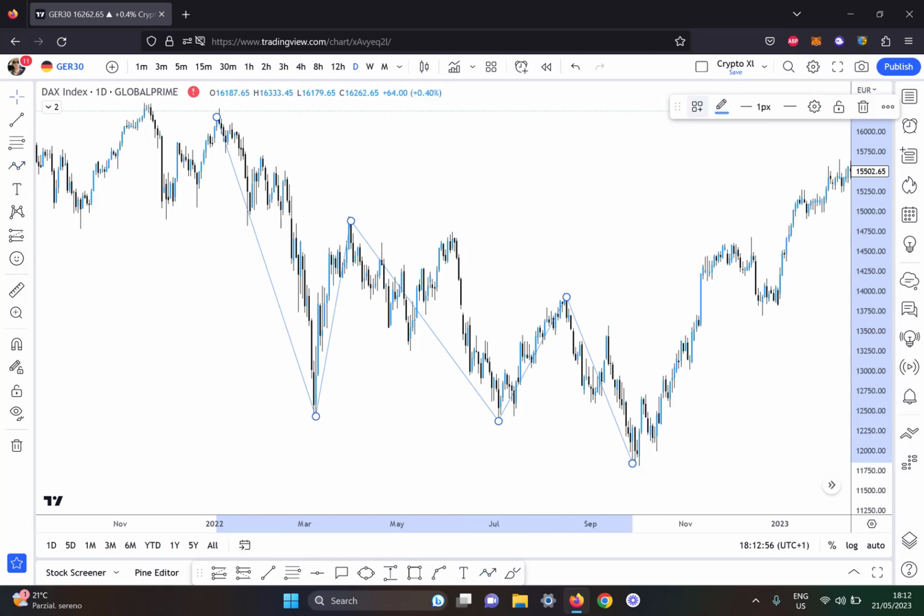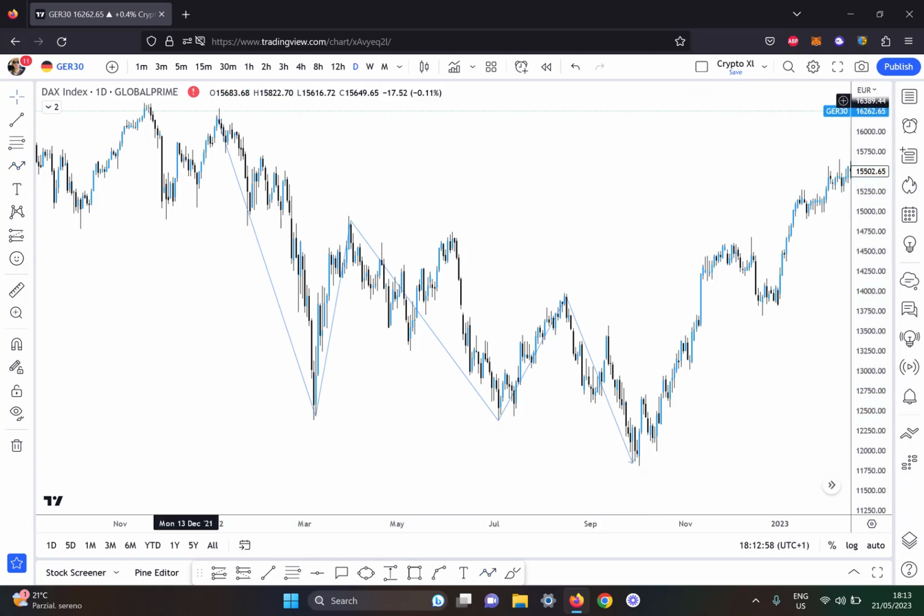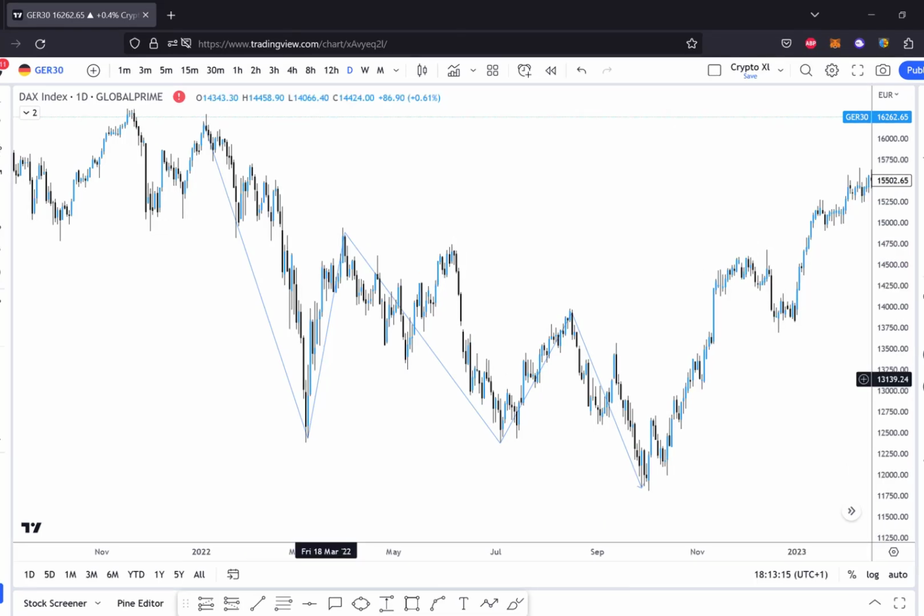So every time is different, the trend is different. You will find that sometimes the impulse lasts more time than a retracement, but it's not important. You have to understand that there are always higher highs, lower highs, higher lows.